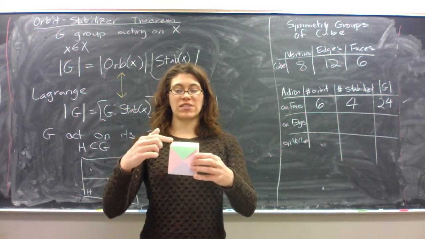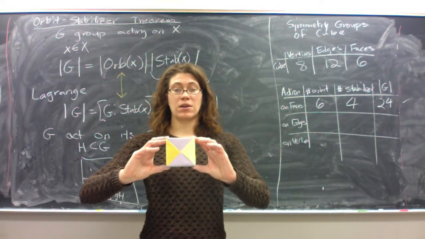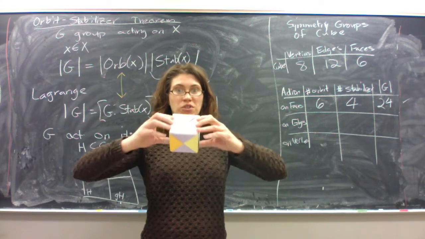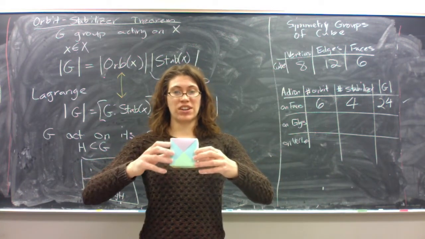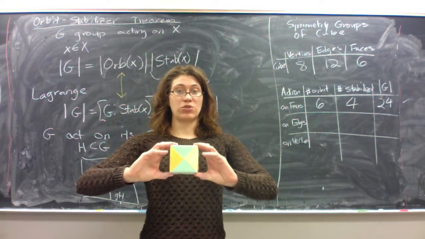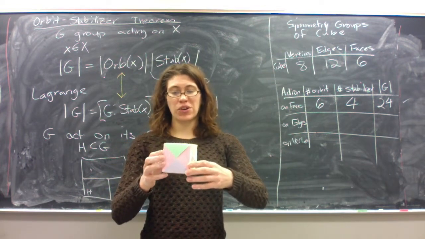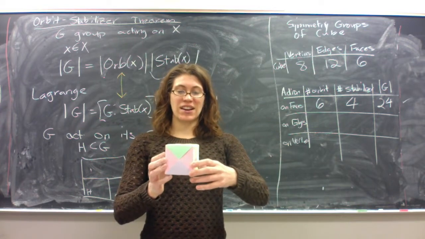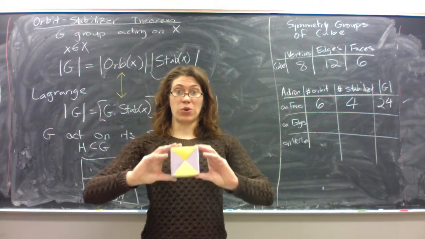I could also take it to the top by rotating towards me by 90 degrees. By 180 degrees takes it to the back. By 270 degrees takes it to the bottom. But I could also rotate 90 degrees that way, and then rotate it towards me.